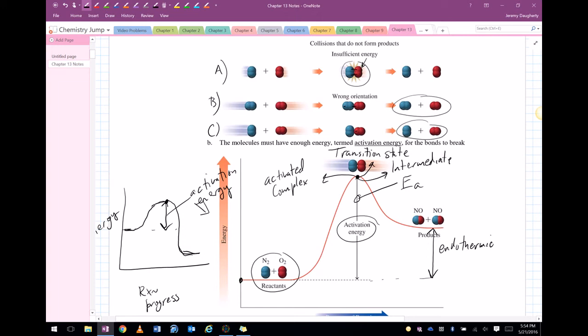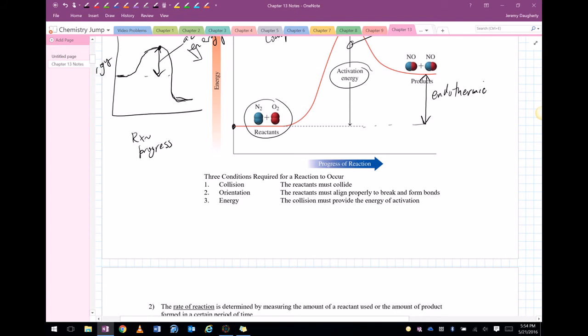And the intermediate is the actual molecule that forms temporarily. Transition state, the actual molecule. Activated complex, the actual molecule. But it forms right there where they collide correctly with enough energy. Okay? So again, 3 conditions required for a reaction to occur. They have to collide correctly, they have to have sufficient amount of energy.